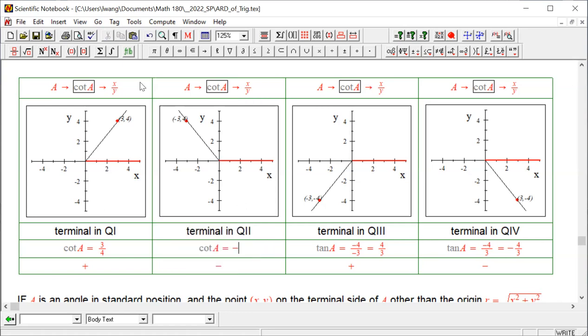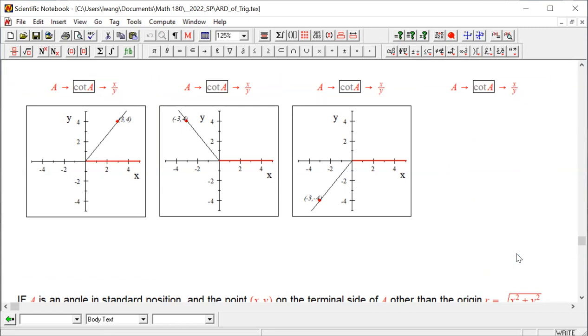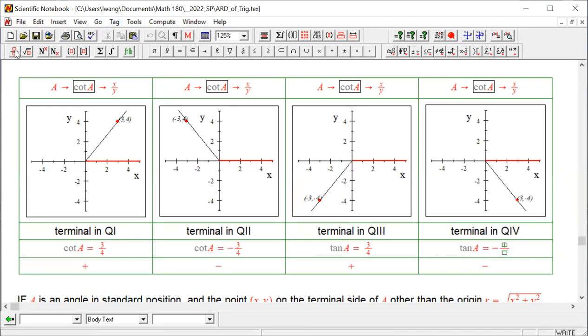So it's going to be negative 3 over 4, since it's x over y. On this other one, it's negative 3 over negative 4, so this is going to be positive 3 over 4. And in this one, it's going to be negative 3 over 4. Same sign as tangent.